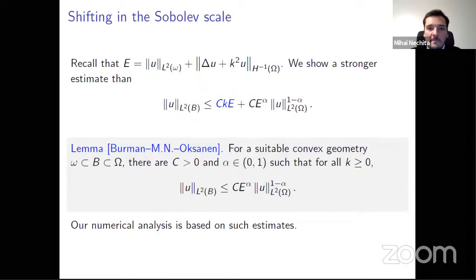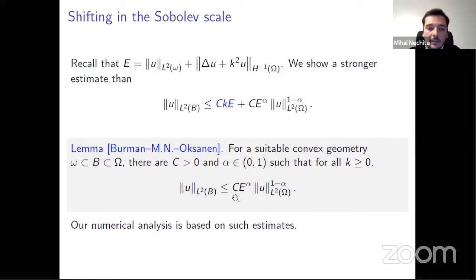However, a similar analysis starting from the Carleman estimate and then using some pseudo-differential techniques leads us to the stability estimate written in this lemma. So again, here we assume the convex geometry setting, and we would have that the L2 norm of u in B is less or equal than e to the power of alpha, where e is measuring the data, times the L2 norm everywhere raised to the power of 1 minus alpha.